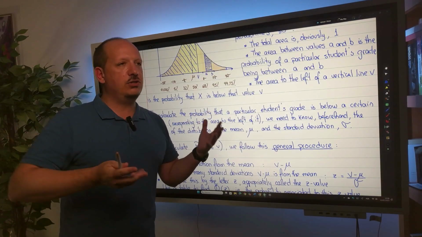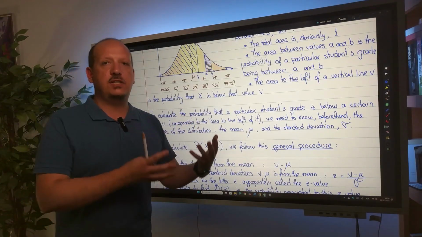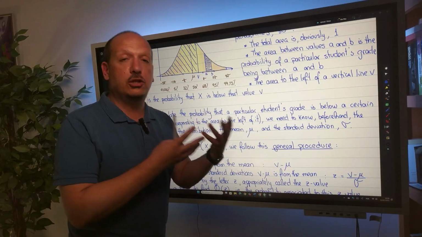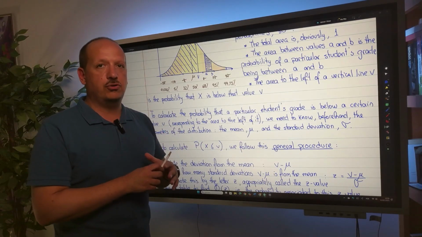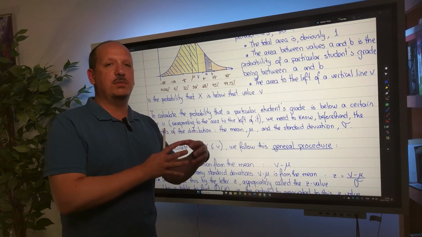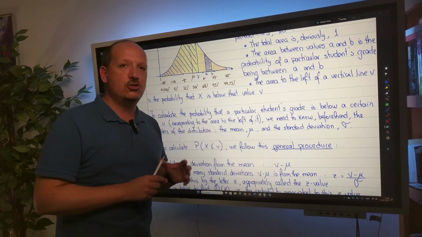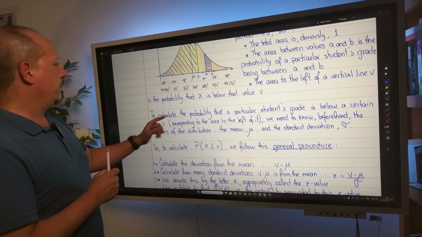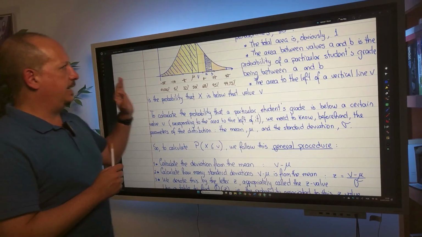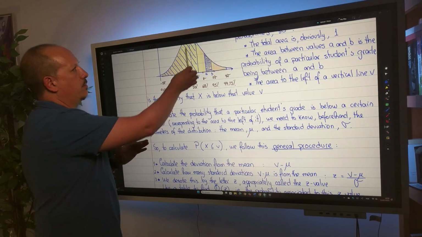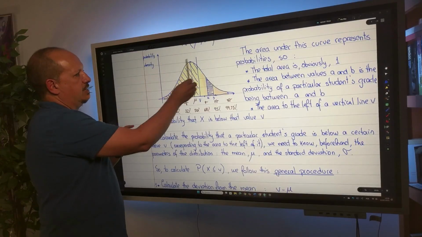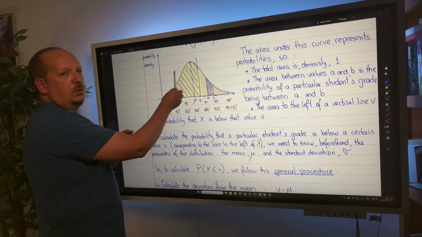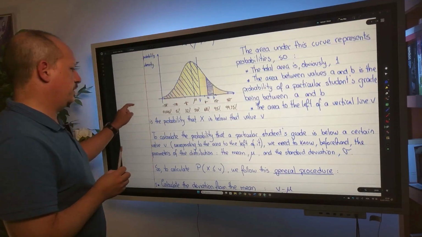This is the standard procedure, the only thing that you can calculate when you're studying the normal distribution. Everything else comes from this basic calculation, as we are going to see. All right? So our idea, again, is to calculate the probability associated with this area that I shaded like this to the left of this value V.